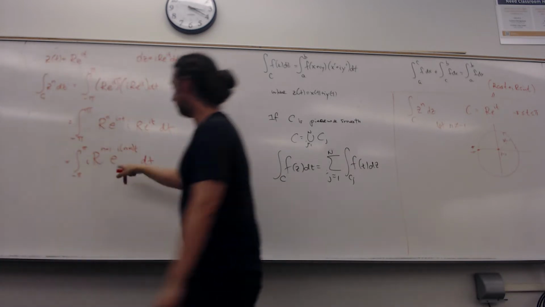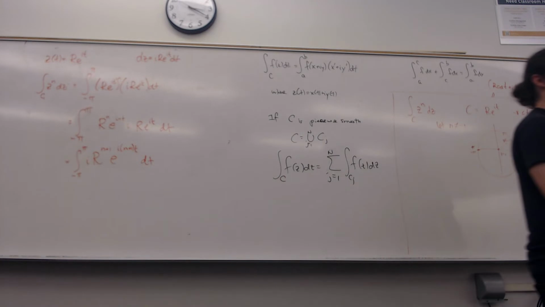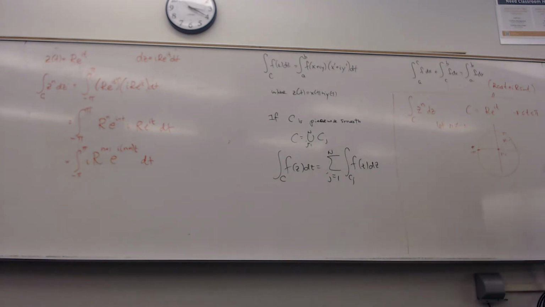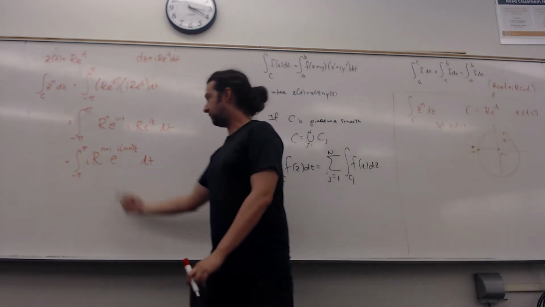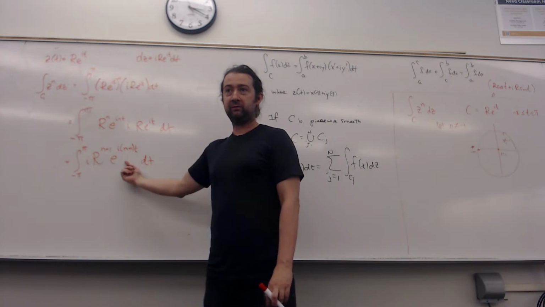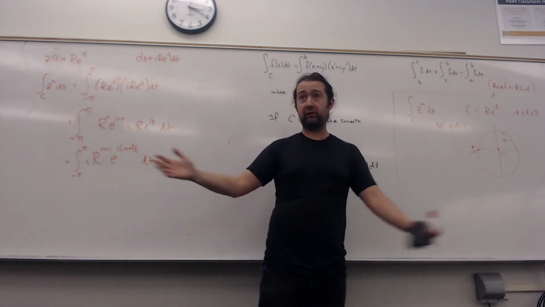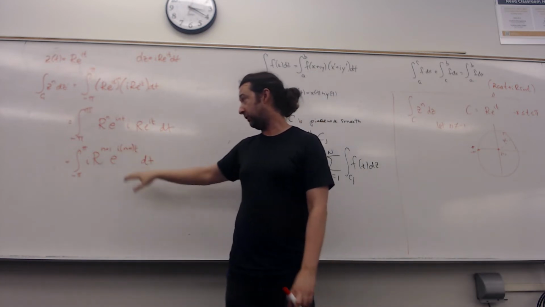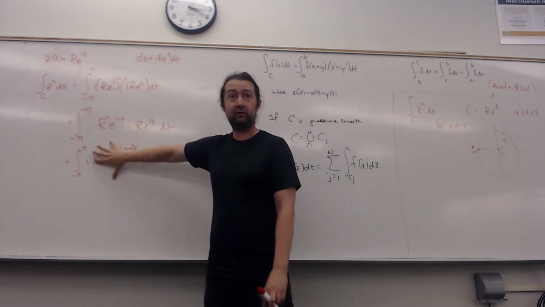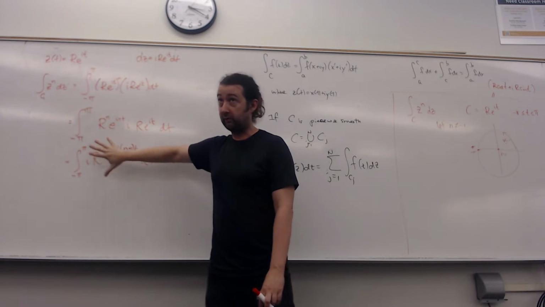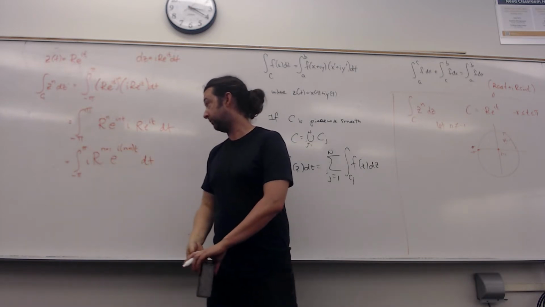And this is actually right here. This is why I excluded the case where n was equal to -1. Because if n is equal to -1, this isn't here. This is e to the 0 in that case. So everything is going to cancel. So when -1 is here, none of this stuff is here, and we're going to treat it separately. Okay? So this is why we've excluded the case where n is equal to -1.